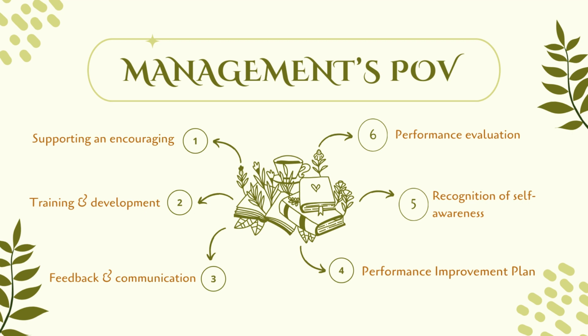Second, training and development. They could recommend specific training or development opportunities to help you address the weaknesses effectively. Third, feedback and communication. The management may want to have a discussion with the auditor to gain a deeper understanding of the weaknesses and the steps the auditor plans to take to address those weaknesses.